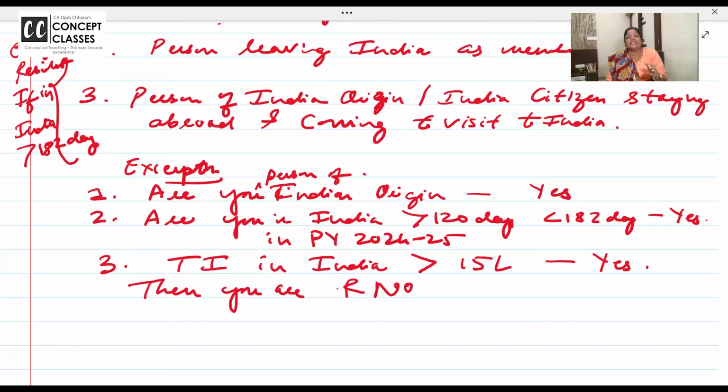Oh, you are resident. But I am there less than 182 days, 160 days. But you have earned more than 15 lakhs now. And you are of Indian origin, na? Yes. Then you are resident, but not ordinary resident. There you check the additional conditions for these exceptions. करना ही नहीं है मुझे. अब बोलो क्या टफ है.